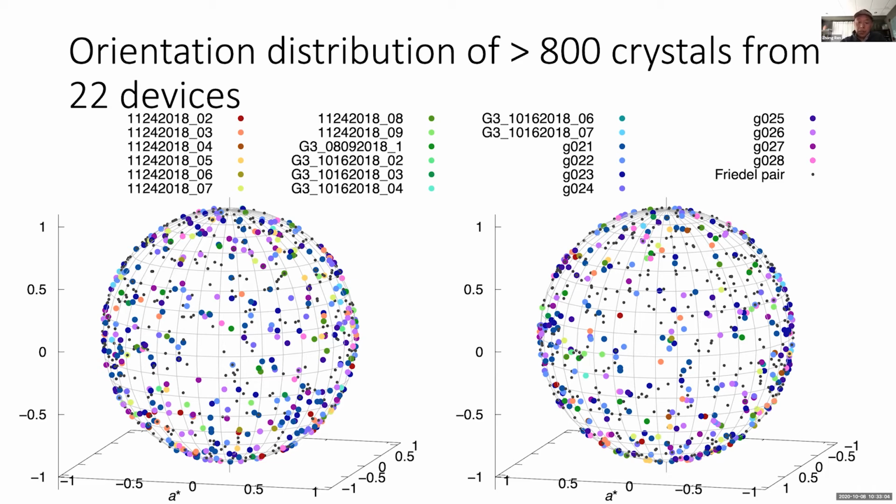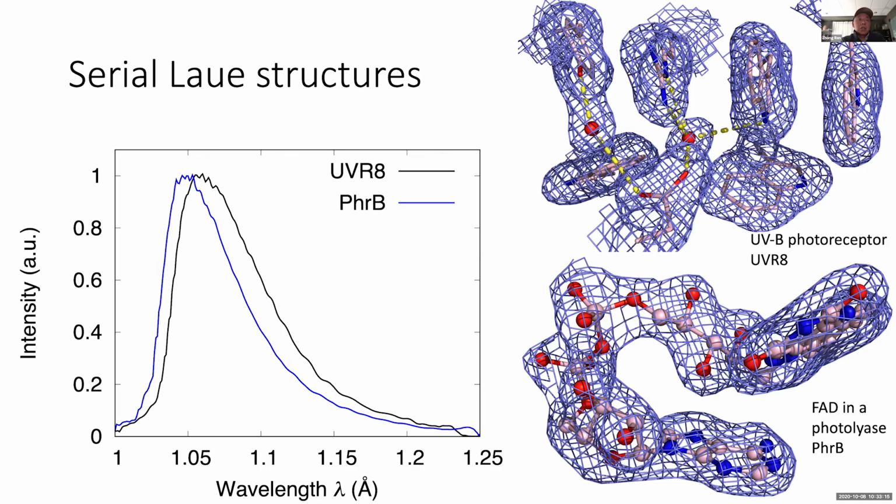And if you do Laue diffraction, we all know that the quality of the wavelength normalization is very important. And then these are the wavelength normalization curves we derived from actual serial Laue data.